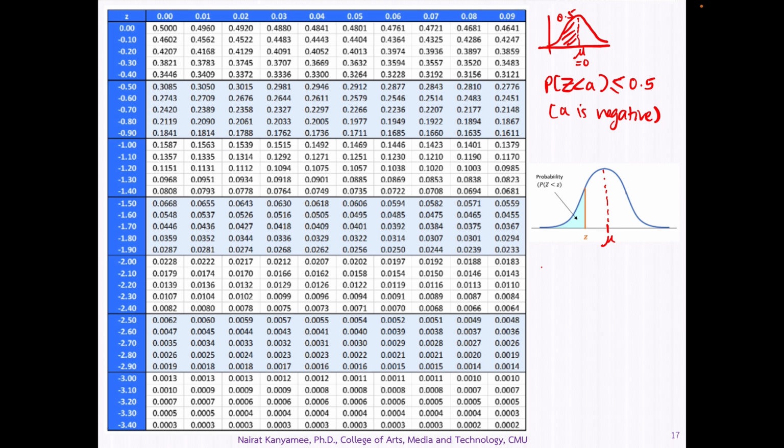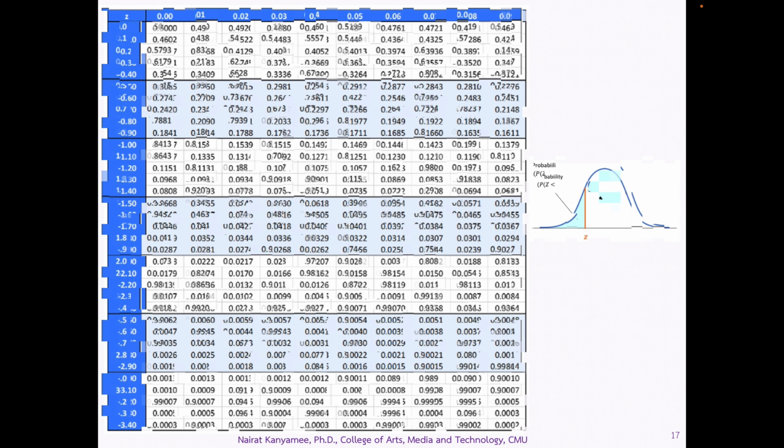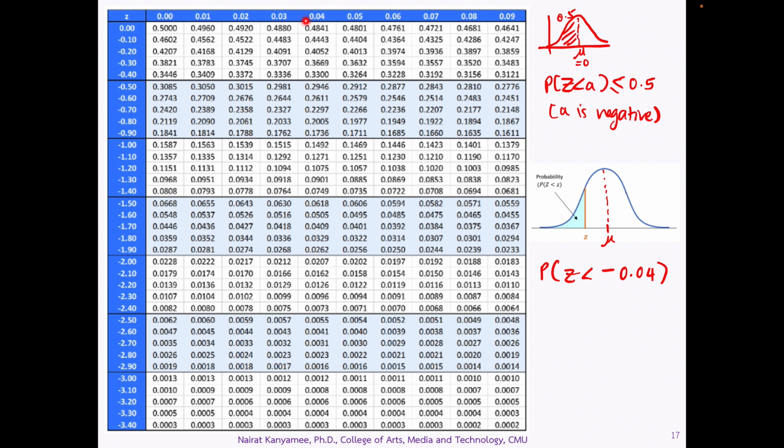So if you want to find P of z less than minus 0.04, go back, minus 0.04 is here, right? So it's going to be 0.4841, which gives you this probability value.